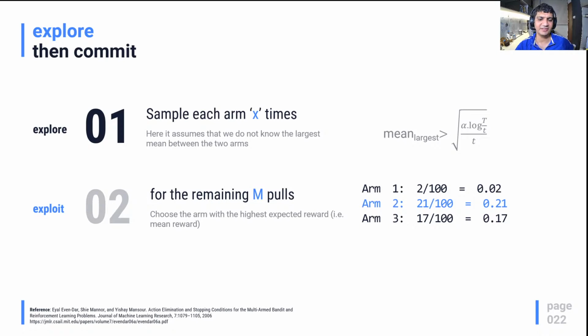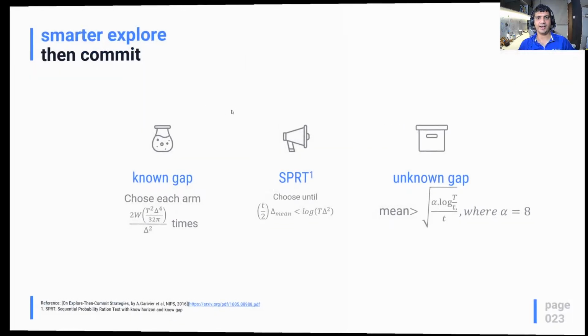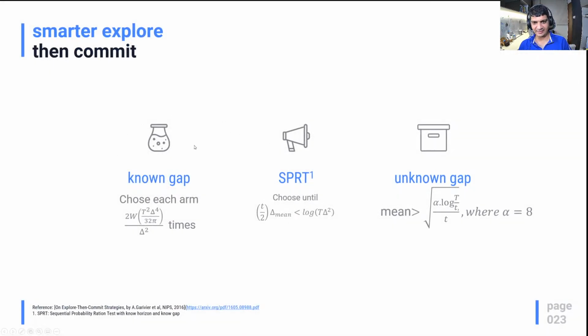A lot of these thresholds are purely driven by the fact that I want to empirically and quickly find out which arms are going to be optimum and come to those values. So these are some of these explore then commit problems that we work with, and let's look at this in a little bit more detail, and there are some more examples, so we'll come to that in a moment.